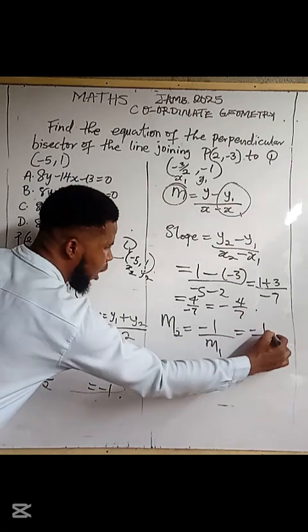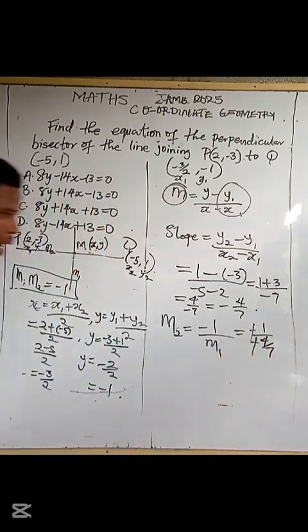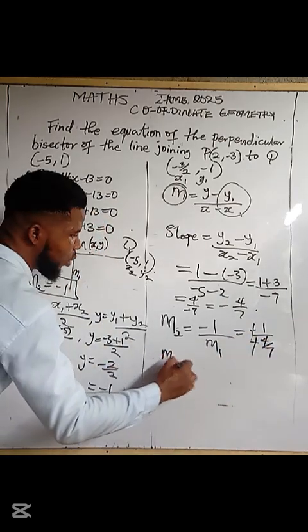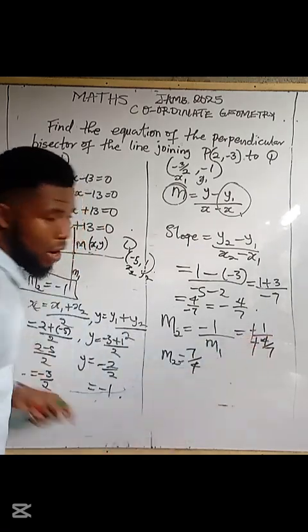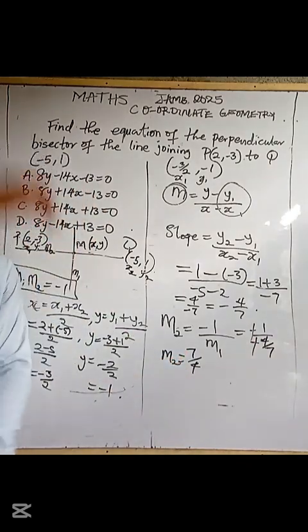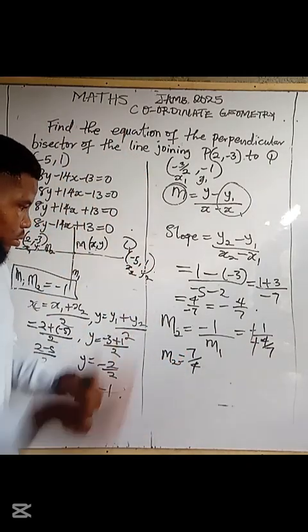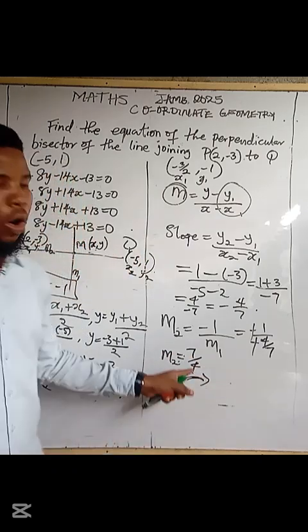That is minus 1 all over minus 4 over 7. The first thing is that this minus is cancelled. Then our M2 will now be the inverse of 4 over 7. That is 7 over 4. Alright? 1 over any number is the inverse of that number. So the inverse of 4 over 7 is 7 over 4. Just exchange the numbers. So what we have now is 7 over 4.